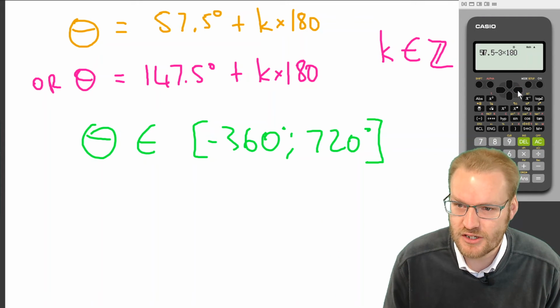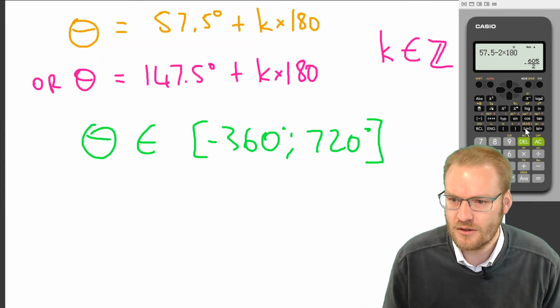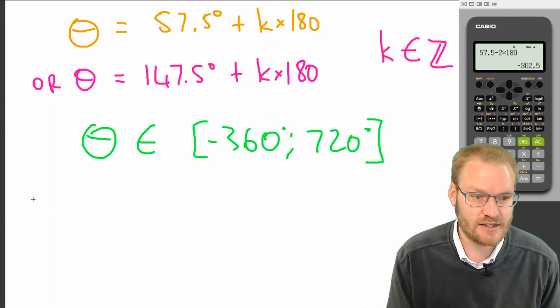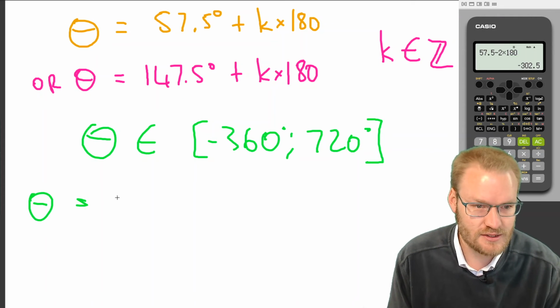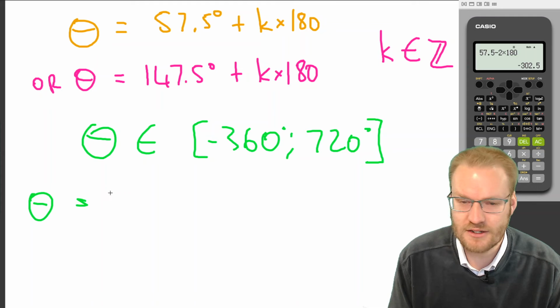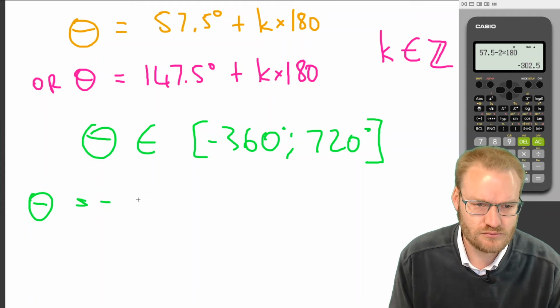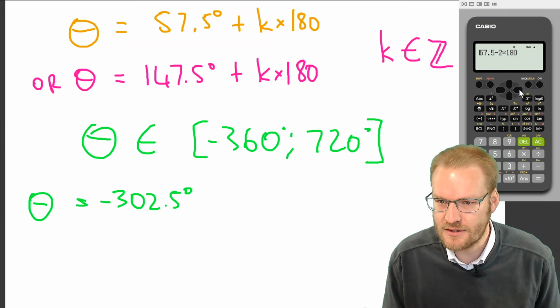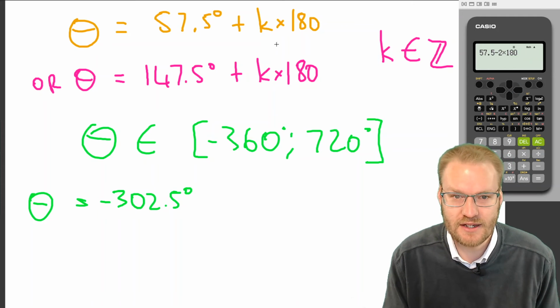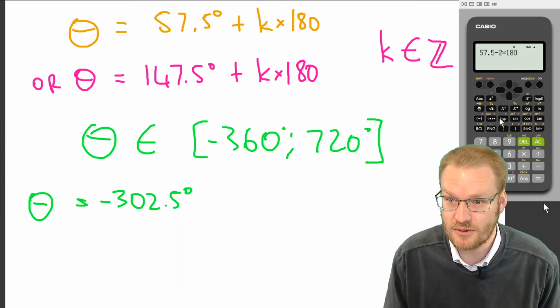So let's change this and say, what about minus 2? Minus 302,5. Does that fit in here? Yes, it does. So one of our thetas is minus 302,5. So all we're doing is replacing K with different numbers in our first one.